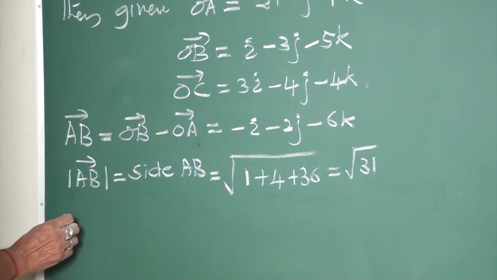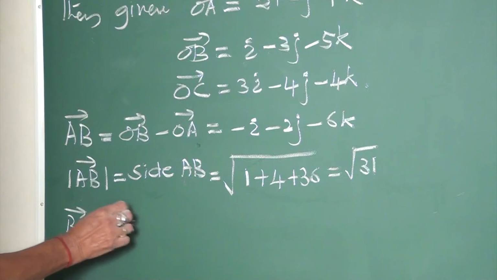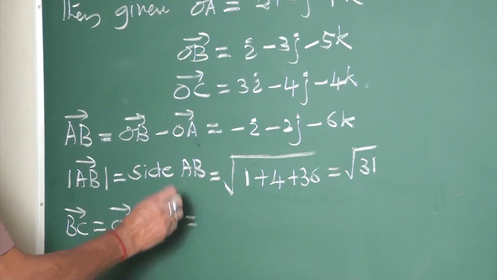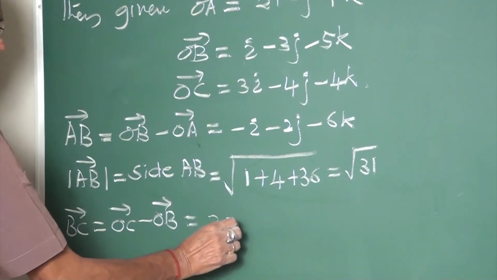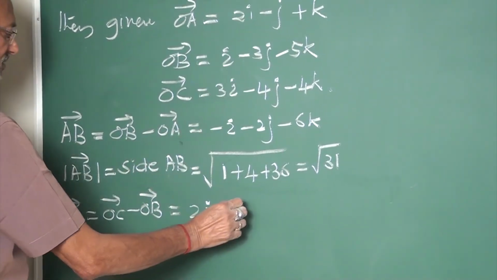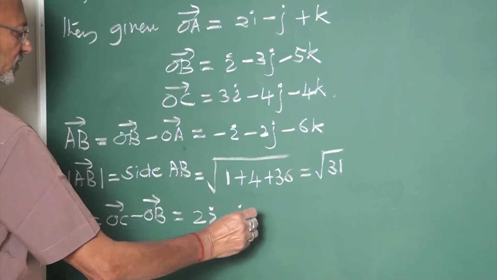Next, second vector BC. It is OC minus OB: 3i minus i, minus 4j plus 3j, minus 4k plus 5k.